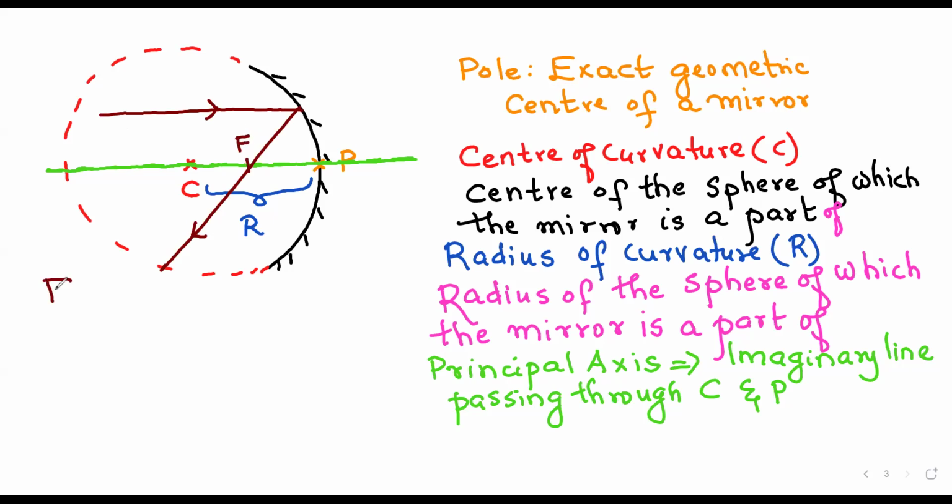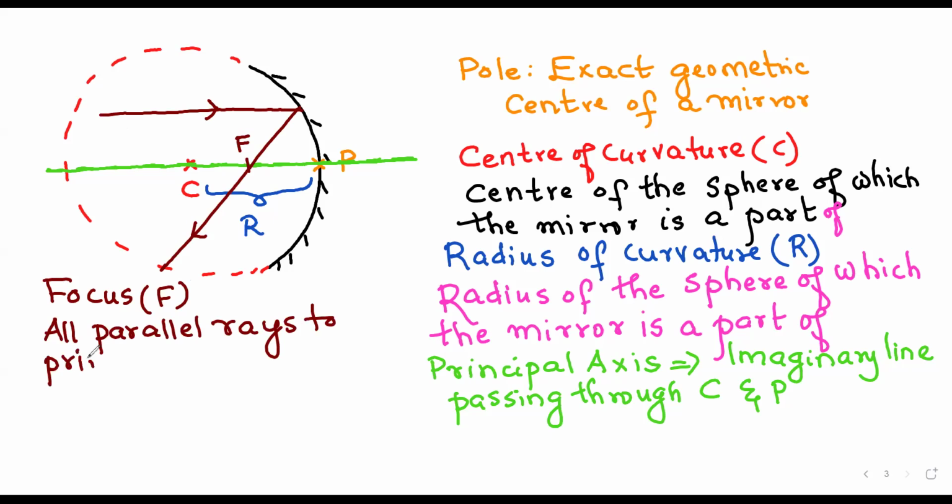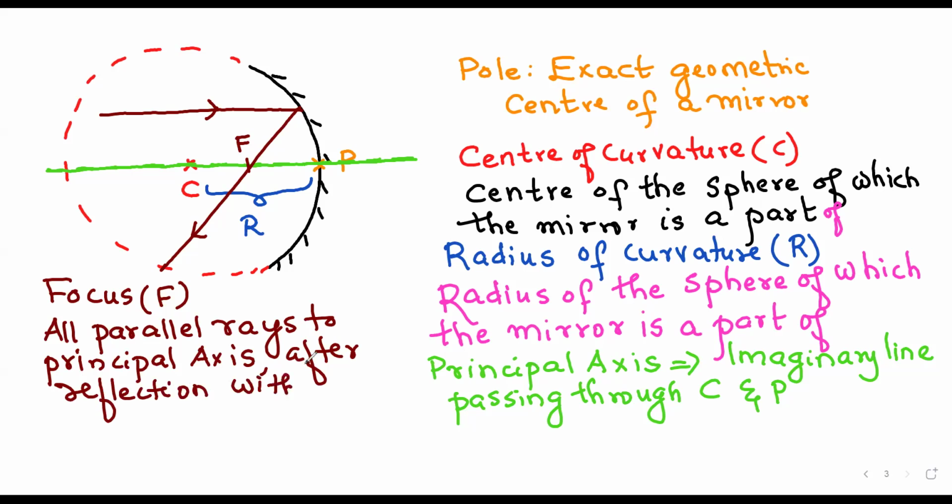And that point, we call it as focus, represented by capital F. So, all parallel rays to principal axis after reflection will pass through a single point called focus.